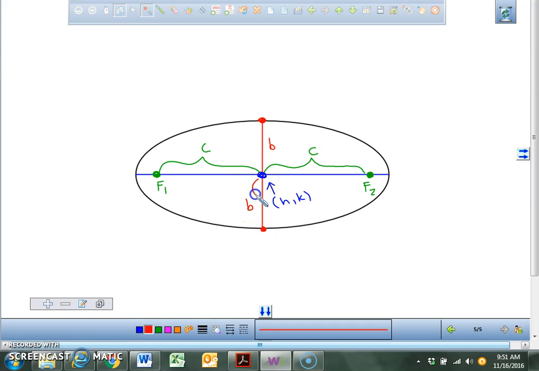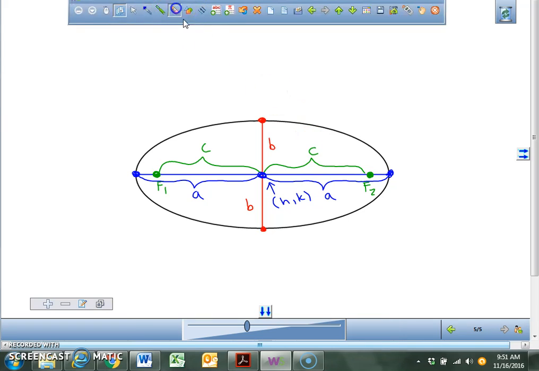So from here to right there, that's the distance of B. This vertex right here and this vertex right here, this is along the what? That's along the major axis. So if I go from this point all the way to that point, that's going to be your A value. And I can go either side, right? Either side, that's going to be A.